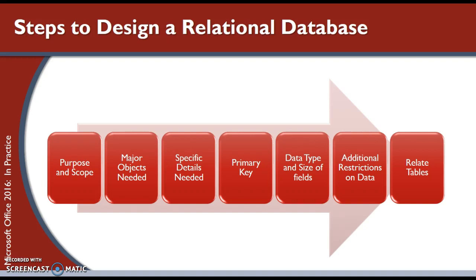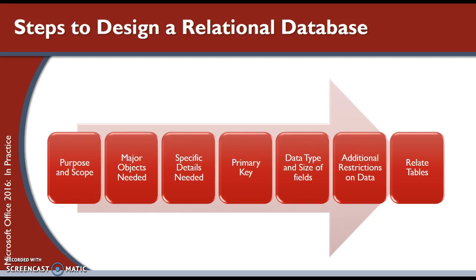If I was creating a database for Hack, I would have a student table, an instructor table, and a courses table, so that I have many instructors teaching many courses, and many students taking many courses.